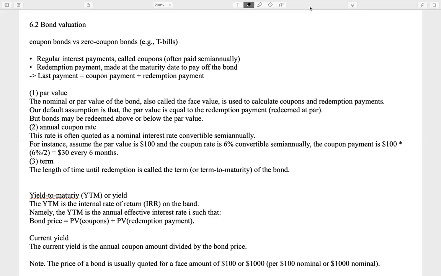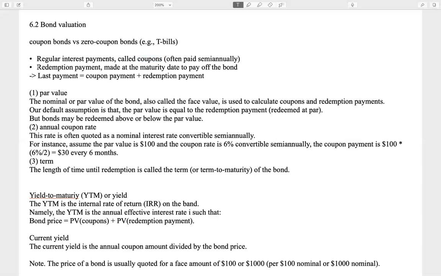The difference comes from we have regular interest payments. Those we call coupons. So for interest payments, we call them coupons. They are often paid semi-annually. Of course, it's possible that they are paid annually or even more frequently than semi-annually.